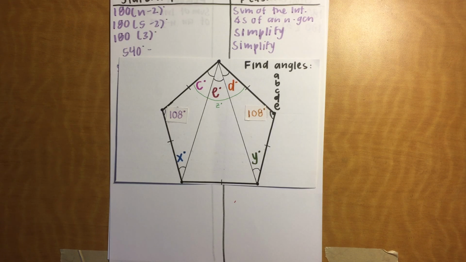So now we have to find angle C. Well, how are we going to do this? We will have to look at the triangles. So here we have an isosceles triangle. And we know that when we have an isosceles triangle, these base angles are going to be congruent.